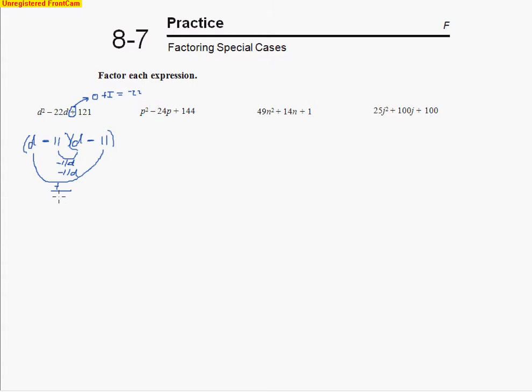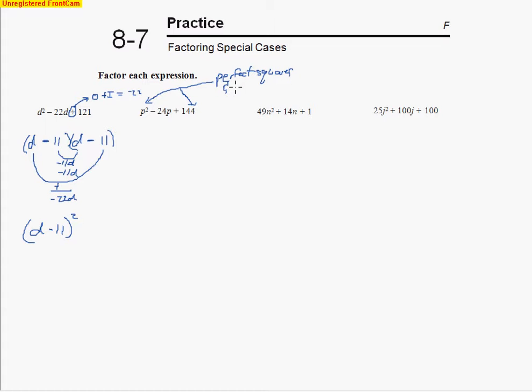And so what we see here is we've got ourselves a binomial that's being squared. They're the same binomial, and that's what we're going to end up seeing on some of these problems. Now, what we'll notice, if it is a binomial square, is that the first term and the last term are both perfect squares, and positive.